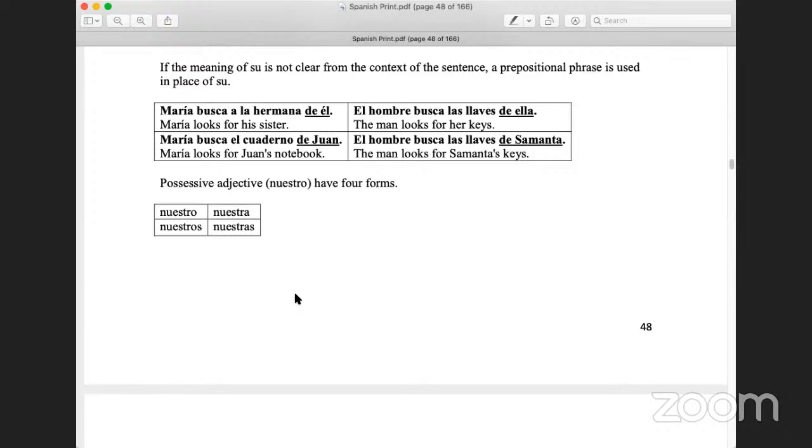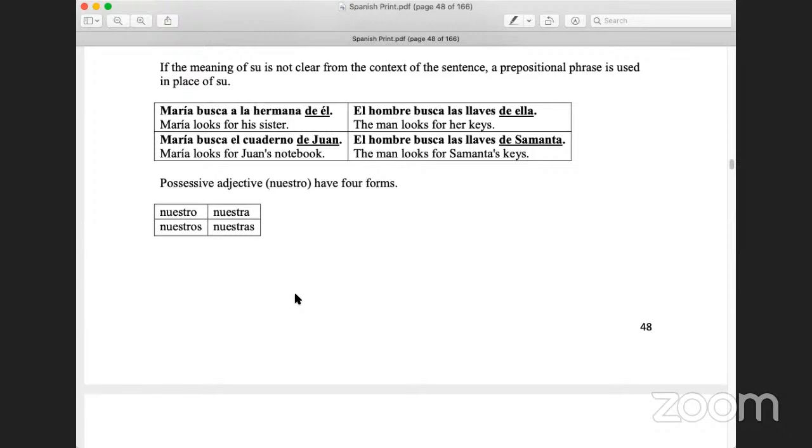All right. Maria busca el cuaderno de Juan. Maria looks for Juan's notebook. De is of him, of Juan. Okay, Maria looks for the notebook of Juan. Maria looks for the sister of him. That's up top. El hombre busca las llaves de ella.